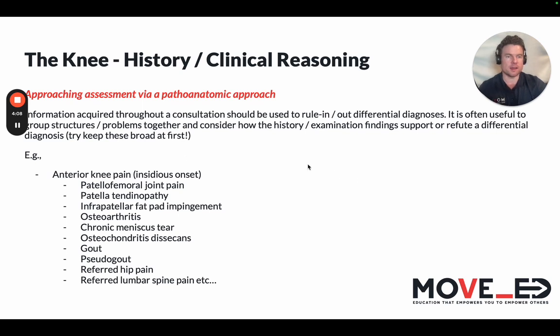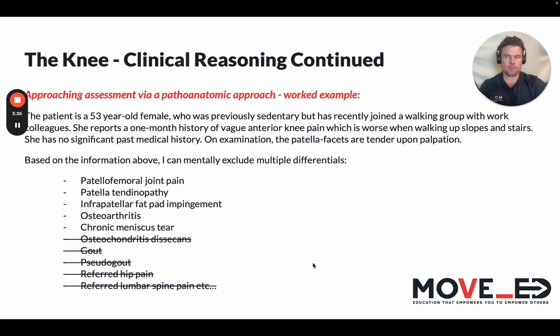So I like to use a pathoanatomic approach to diagnosis, where I have a think about the area that the person is complaining of pain or other symptoms, break it down into the longest list of potential differentials that I can, and then look to gather information that either confirms or refutes the potential differentials throughout that gathering of information on the subjective interview and then on the objective examination as well. So here, for example, I list out a big bunch of differentials for anterior knee pain.